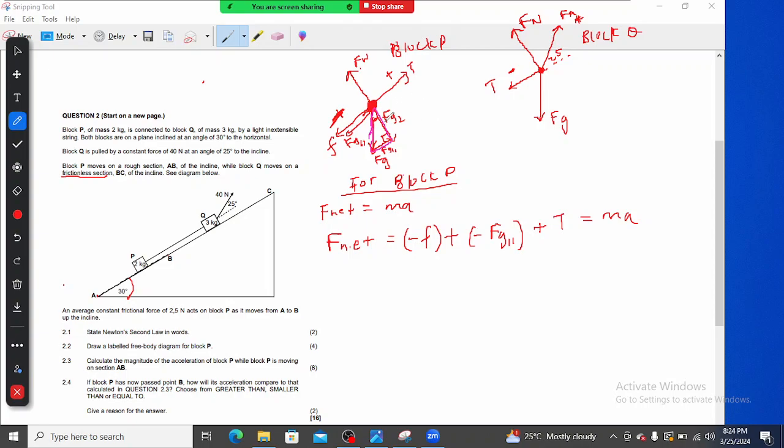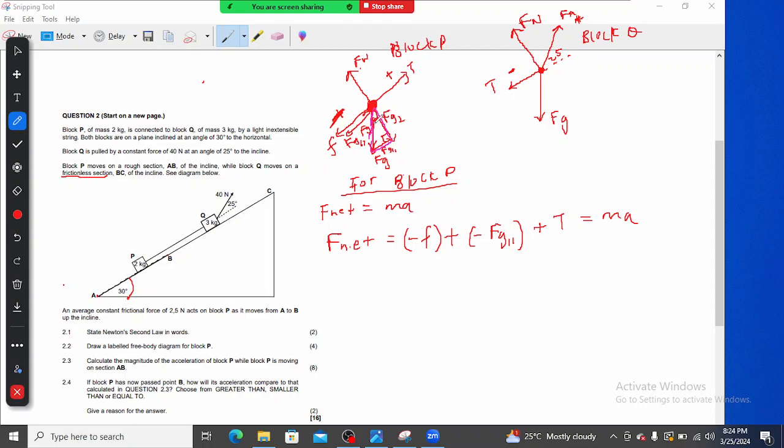But before I plug in the values, I can find Fg parallel because this is the component. I can use the trig function. The hypotenuse in this case is just Fg, and the opposite side is Fg parallel, which is the one that I want.